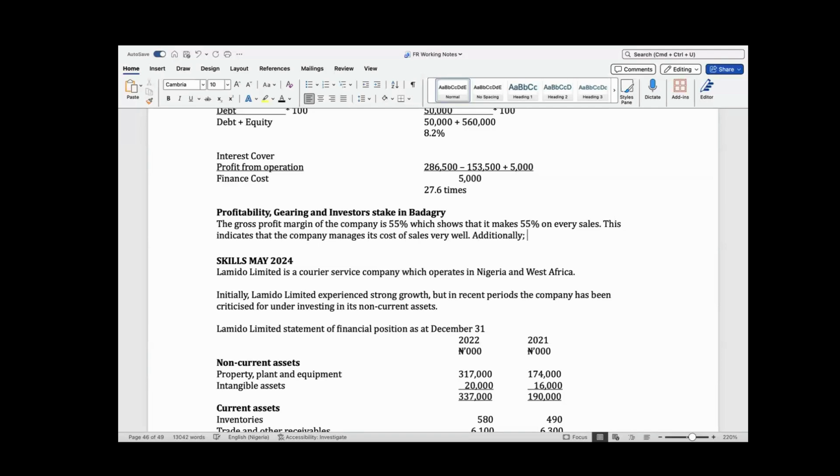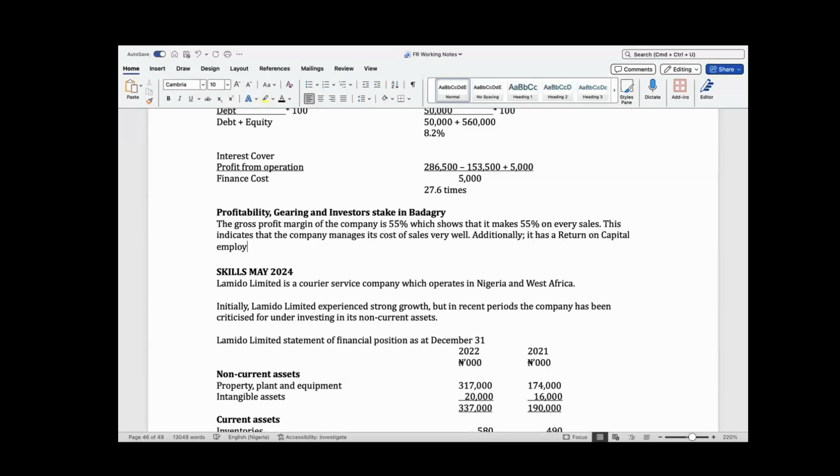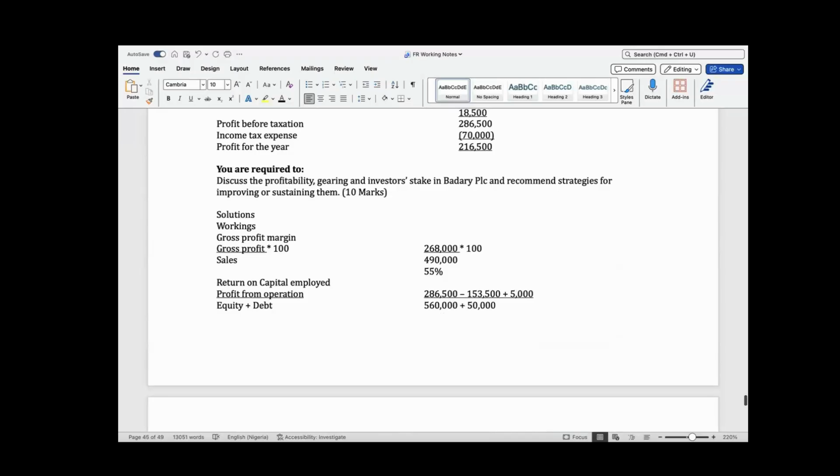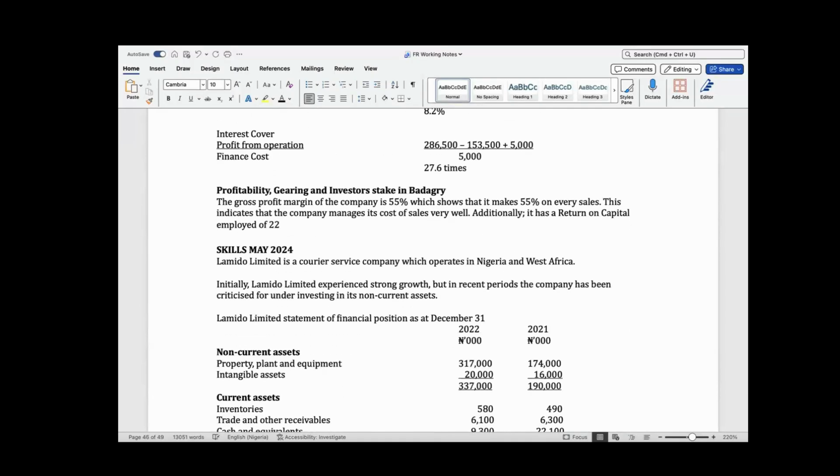Additionally, it has a return on capital employed of 22%, which shows that it gives its providers of capital 22.6% return on their investments.